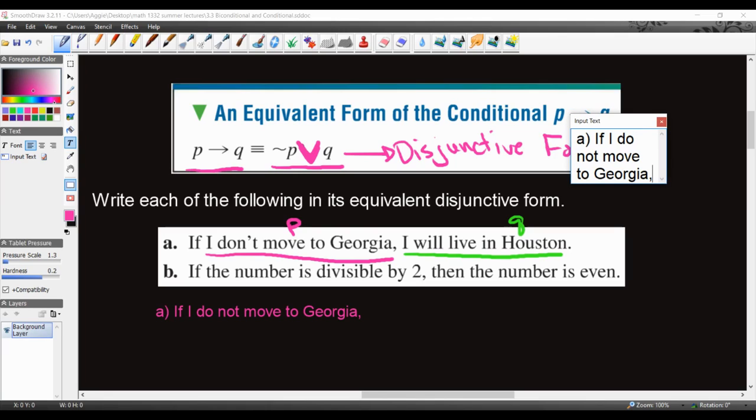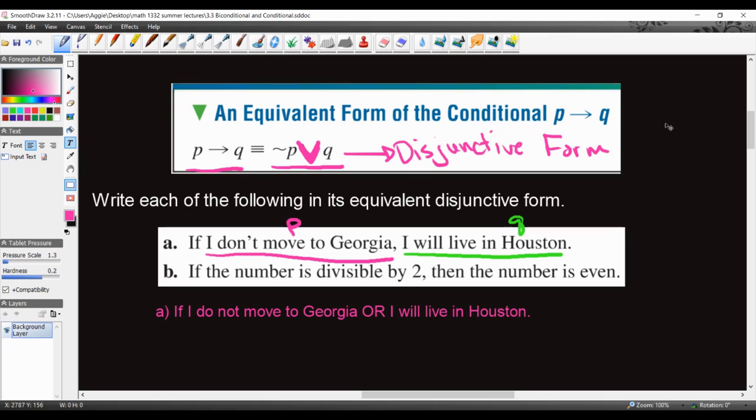If I do not move to Georgia, or because that's the middle part right here, I don't have to put a comma in this case. If I don't move to Georgia, or Q would be the same. I will live in Houston. Yeah, that's pretty much it for that one.